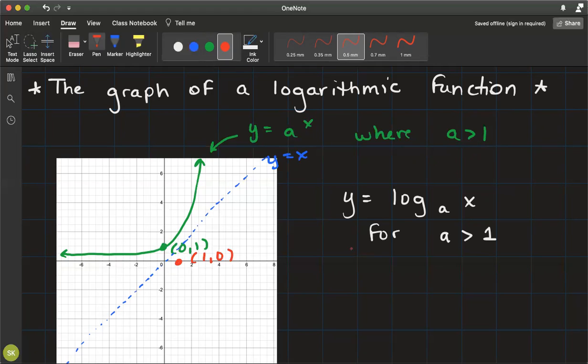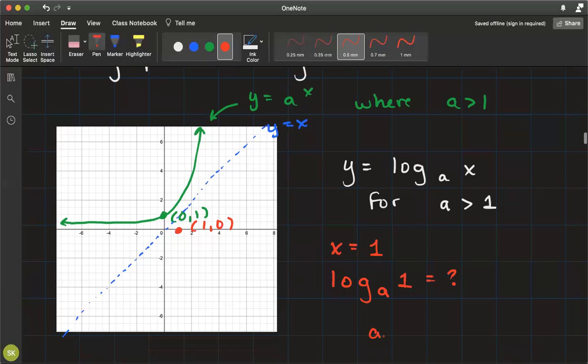And let's see if that's true. So now if I let x equal 1, what is log base a of 1 equal to? Well, remember, this is a raised to what power is equal to 1.